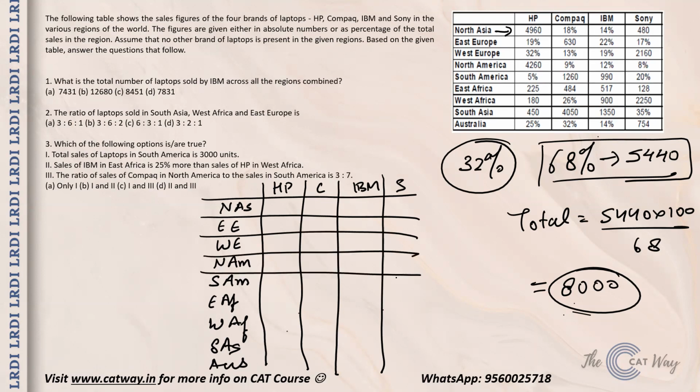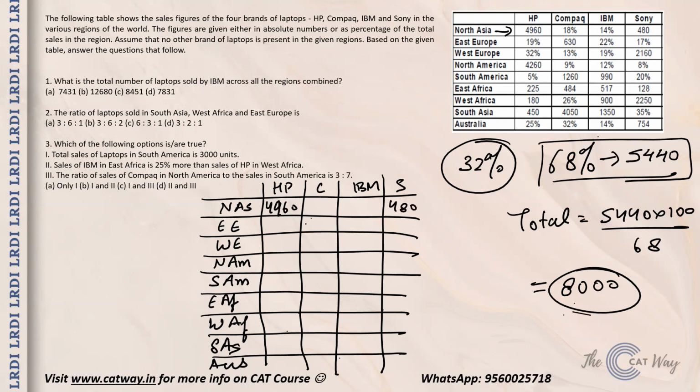So what we should do is first write all the absolute values that have been given. Okay, so 4960, then we have 480, 630, 2160, then we have 4260, then we have 1260, and we have 990, 225, 484, 517, 128, then we have 180, 900, 2250.